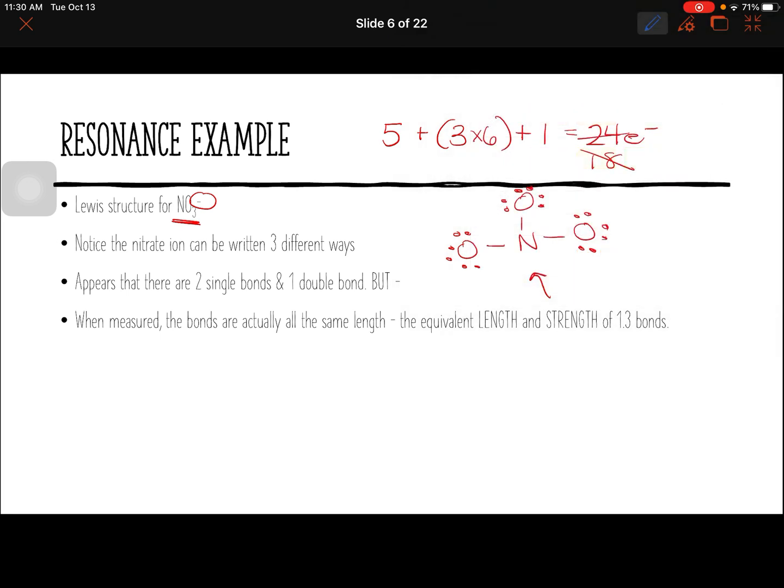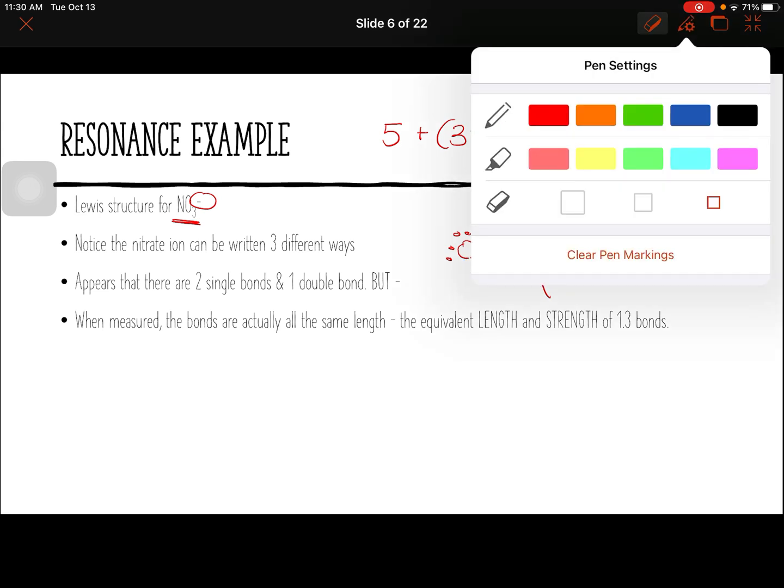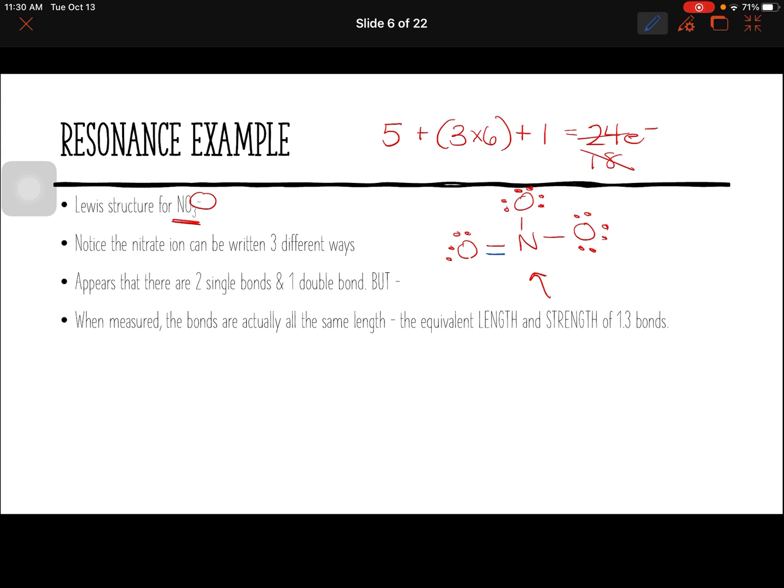I can take a pair of electrons from this oxygen on the left and swing it in to make a double bond, or I had the option to do the same thing with the oxygen on top or the oxygen on the right-hand side. There's no one good choice here. They're all valid choices. Oh, and since this is an ion, I want to put them in brackets.